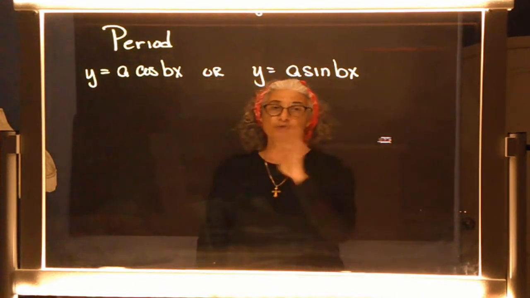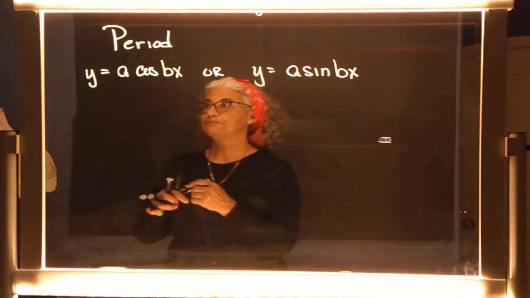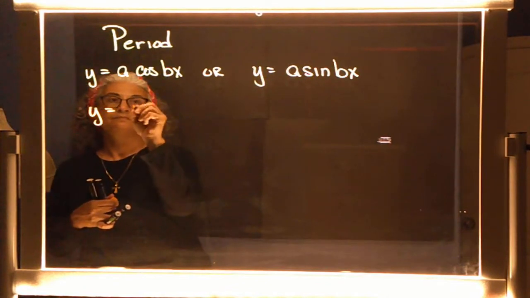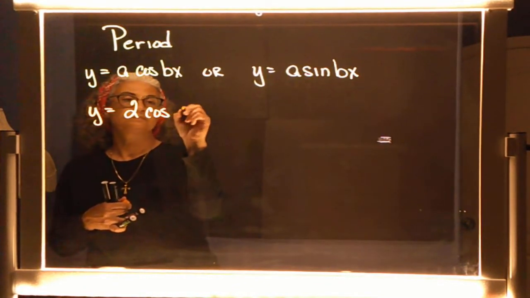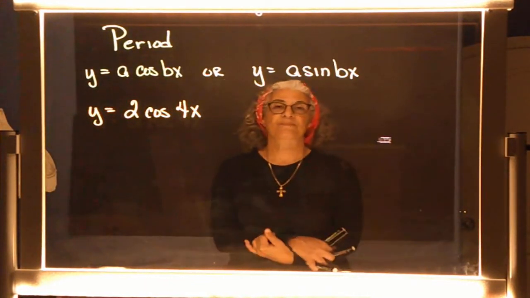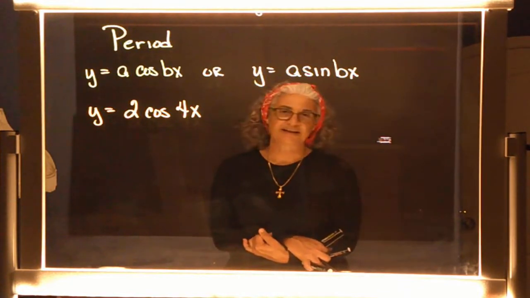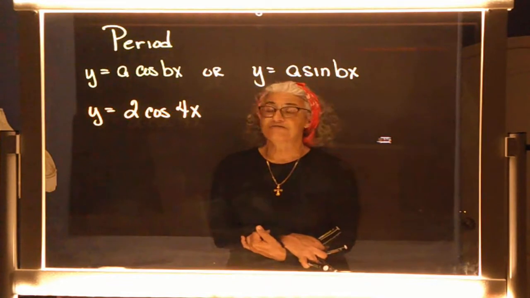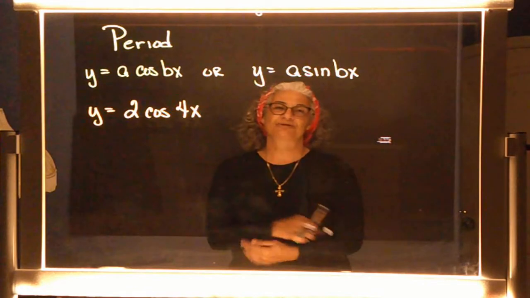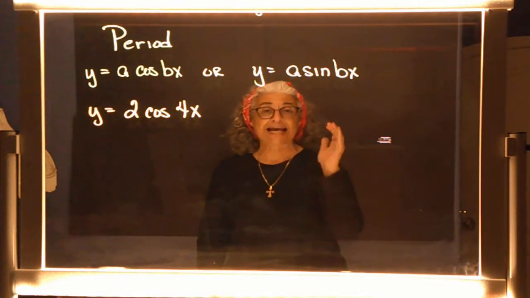Cool? Okay, so let me give us an example so we have something to work with. So now, you're like, okay, so how do I start graphing that? Well, you've got to gather the information first. And the first piece of information you're going to gather is amplitude. We always start back at the very first characteristic we learned, amplitude.